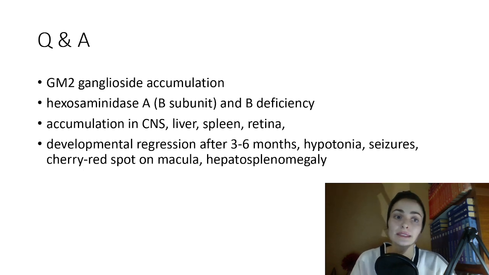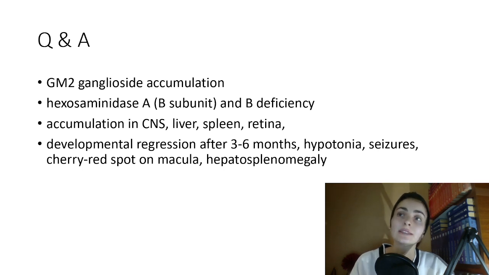What happens in this case? Accumulation of GM2 gangliosides, and it is quite similar to Tay-Sachs disease, because in Tay-Sachs also GM2 ganglioside accumulates, and the enzyme that is deficient is similar. This enzyme is hexosaminidase A or B, but in Sandhoff a different part of the enzyme is deficient, different from Tay-Sachs disease.